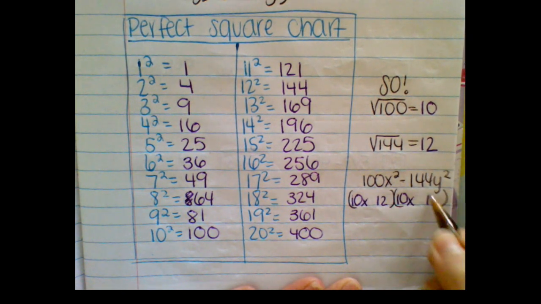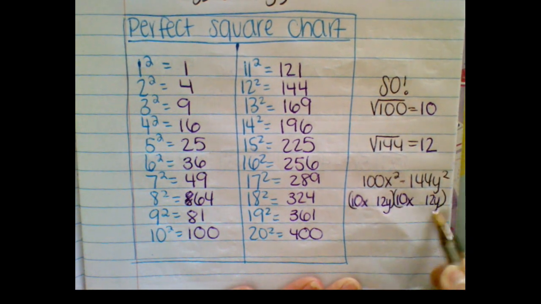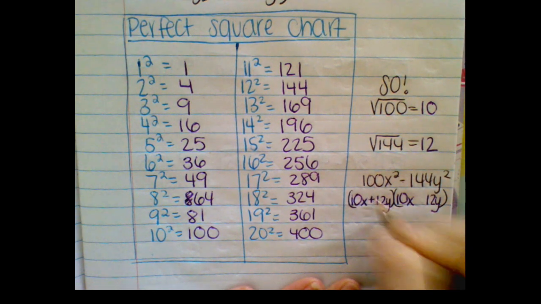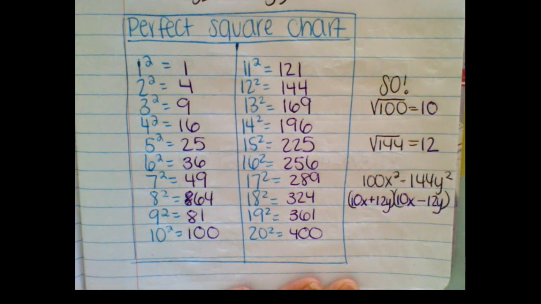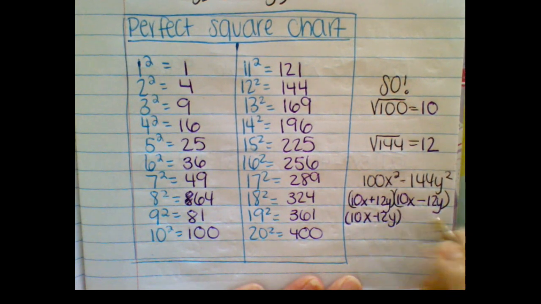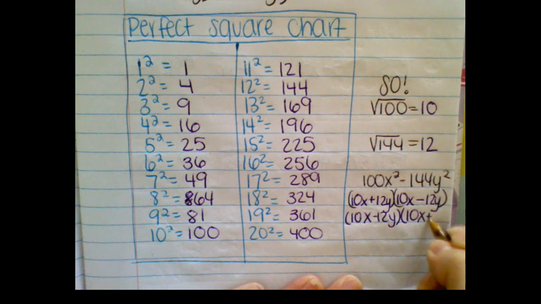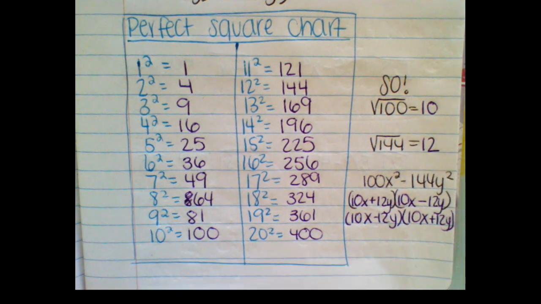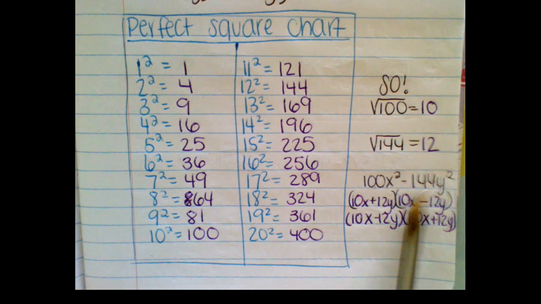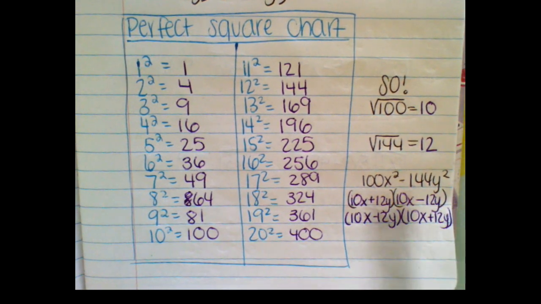So they both get a 12. Y times y, so y and y. And then, like we said before, one is positive, one is negative. So you could write it like that, or you could write it like this. It doesn't matter which parentheses you make positive and which is negative, as long as one's positive and one's negative. So this would be the factored form of that expression.